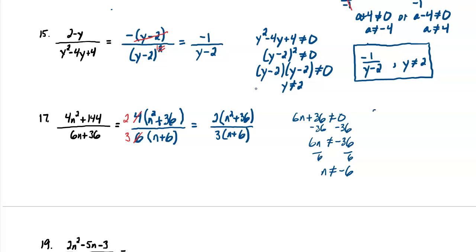Final answer is 2 parentheses n squared plus 36 over 3 parentheses n plus 6, comma, and then indicate the restricted value. N cannot be equal to negative 6.